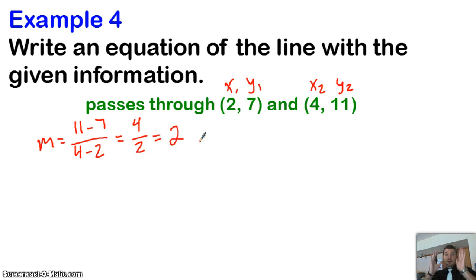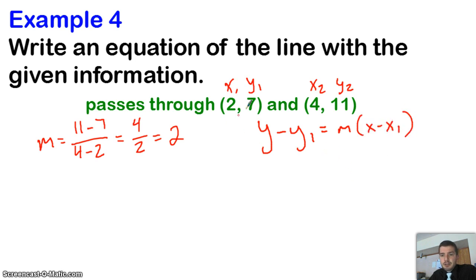Now, most important part, let's stop for a second and think. For point-slope, I'm going to write this in point-slope. I need just one point. y minus y1 equals m times x minus x1. I'm going to pick one. It doesn't matter. I can do two different things and I'm going to get the same answer. I'm just going to pick the first one, since I've got the y1s already, x1 and y1.